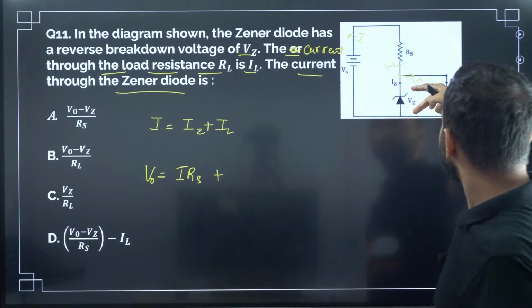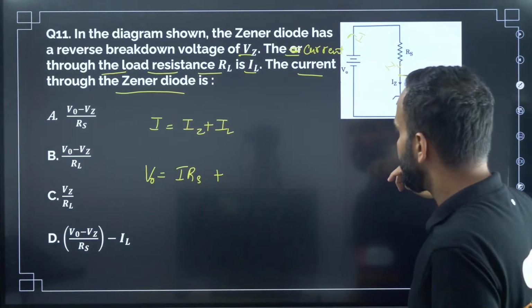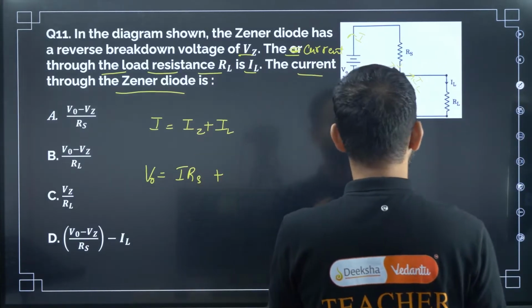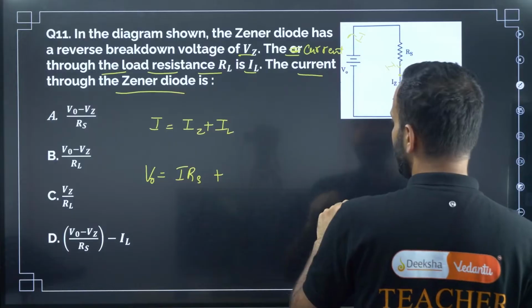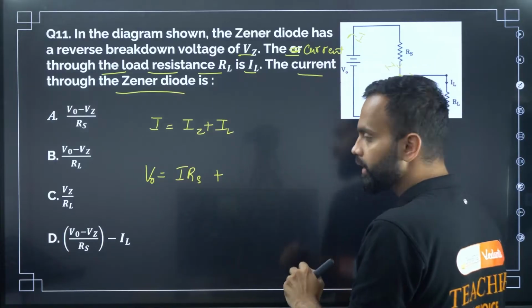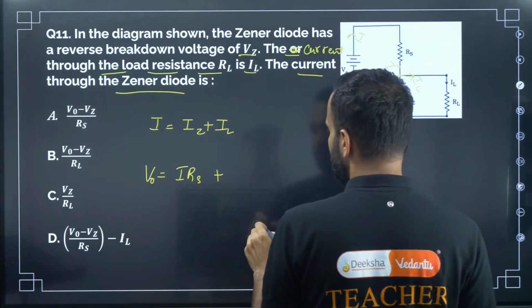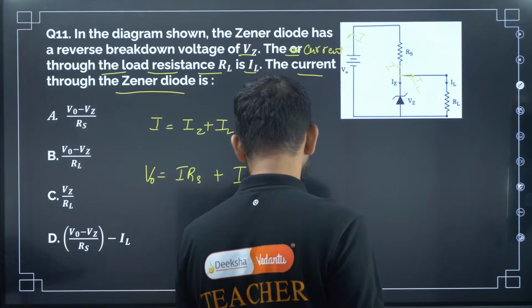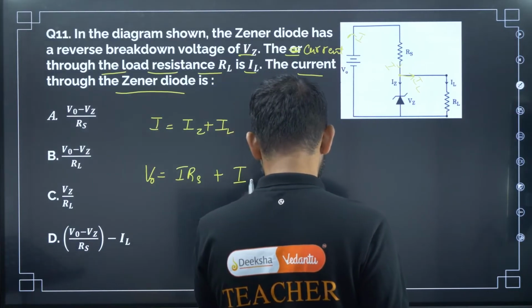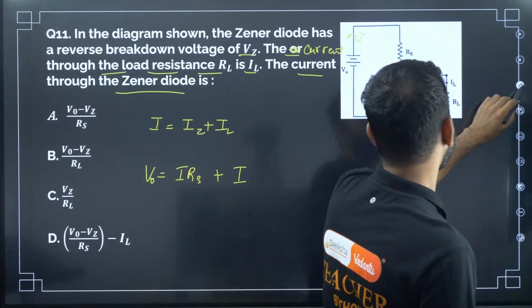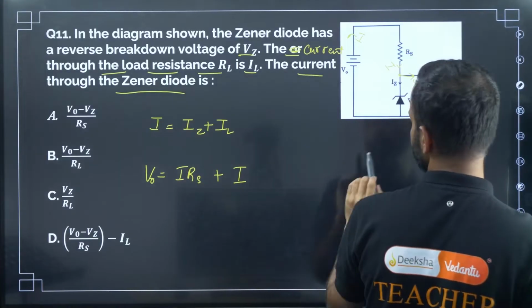So the potential difference across Vz is the same as across RL. This will be Vz only.